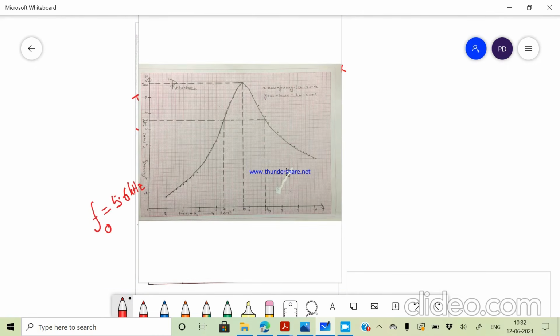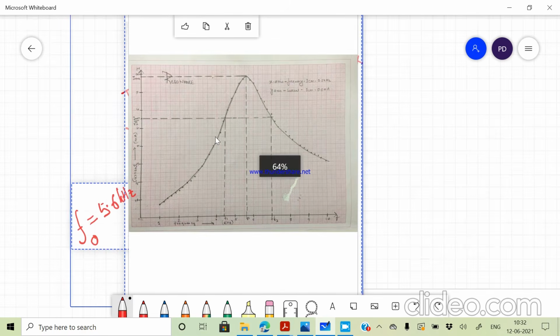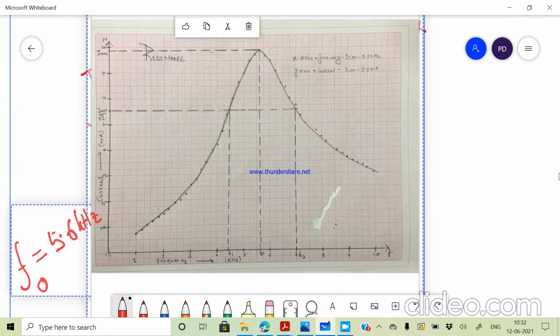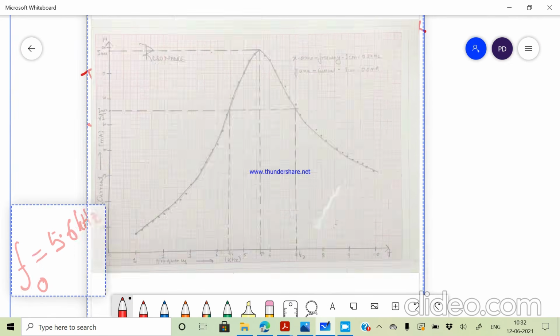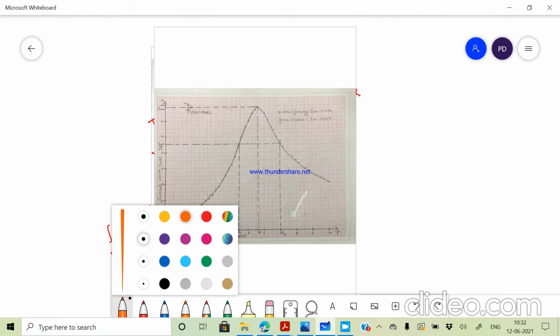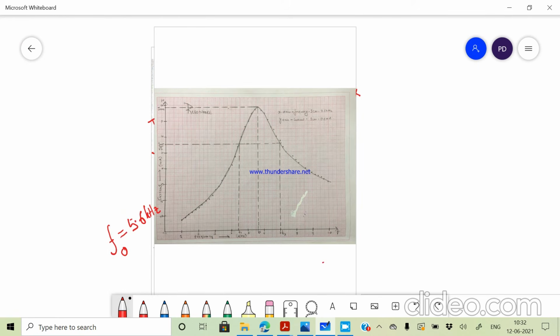If you can see this graph, let me zoom it in. This is your frequency F, and along this axis is your current in the unit of milliamp, with frequency in the unit of kilohertz.